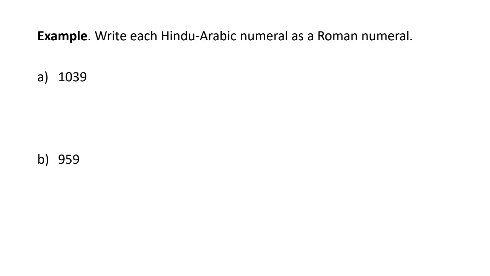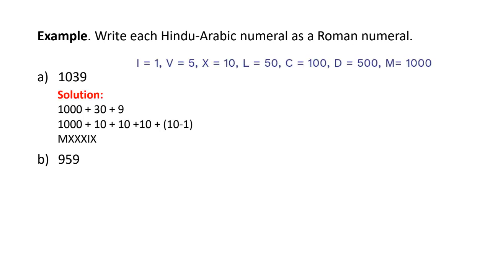Okay, so now I'm going to go backwards. How do we write these into Roman numerals? My first number is 1,039. So we could write the 1,000 by including a letter M. And then I also need 30 to get the 39.